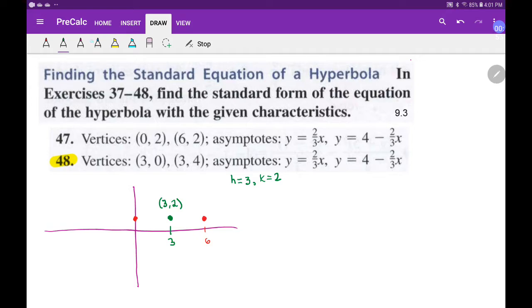And the distance from the center to the vertex is 3. So I would say that a is equal to 3.